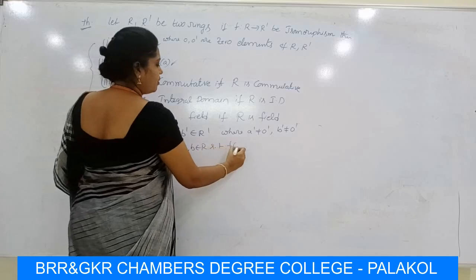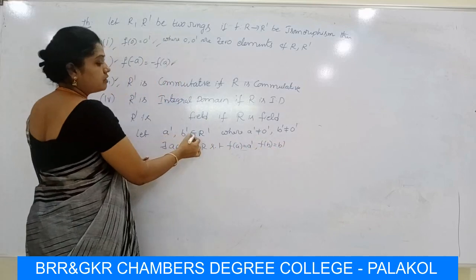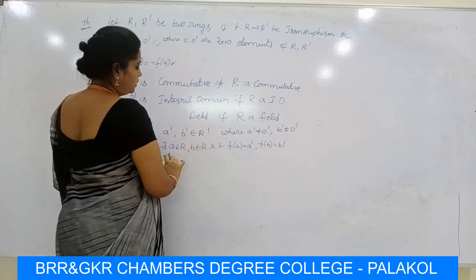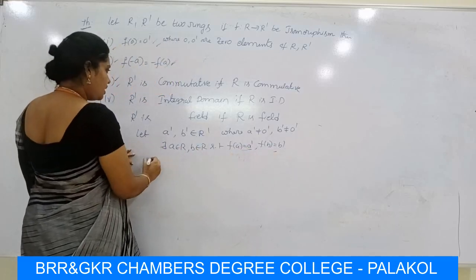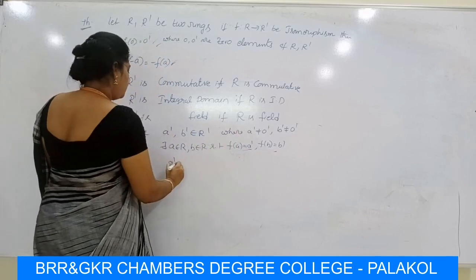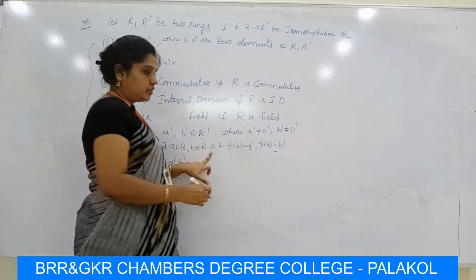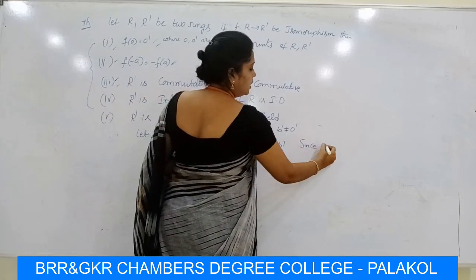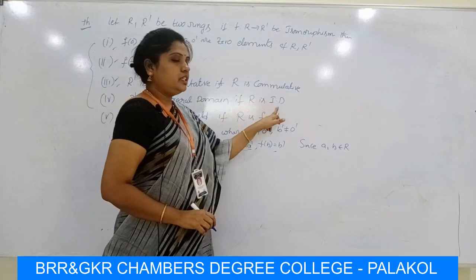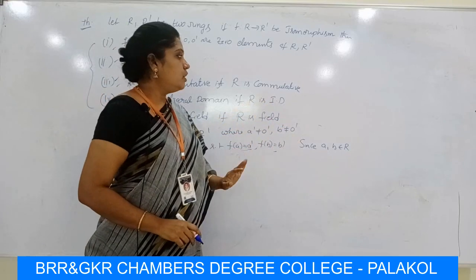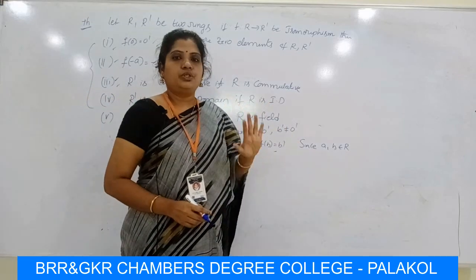Such that f(a) is equal to a' and f(b) is equal to b', because here a', b' are elements of R', so it will be written as f(a) is equal to a' and f(b) is equal to b'. Now a' into b', here a, b are elements of R. Since R is an integral domain, R is also a commutative ring and has a unity element and has no zero divisors.